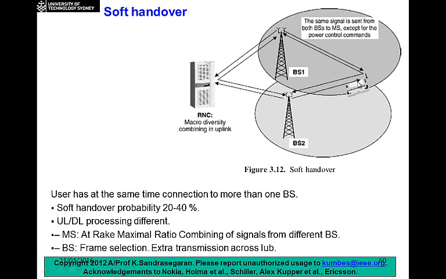So what's happening in terms of processing? Well, as in the case of softer handover, the UE is communicating with both the base stations simultaneously using different scrambling codes, and it uses a rake receiver to separate, on the downlink, the transmissions it is receiving from the two base stations.